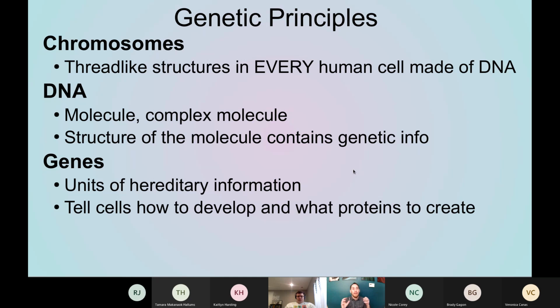For example, for a muscle cell versus a skin cell, the DNA in both is the same. But for your muscles, it's read in a specific way so that it becomes a muscle cell. For your skin, it becomes a skin cell. And we'll go into a little more detail on that in a second.